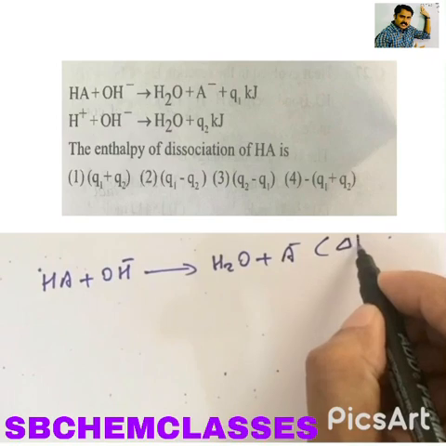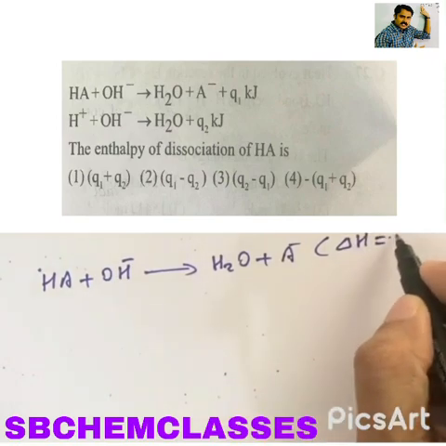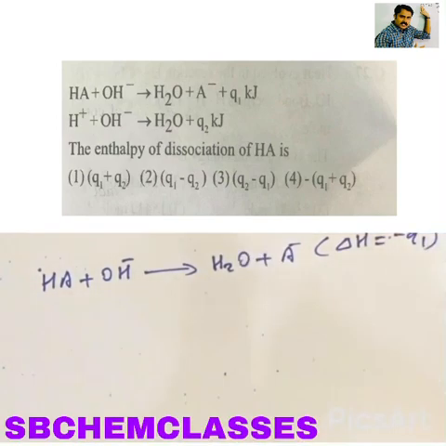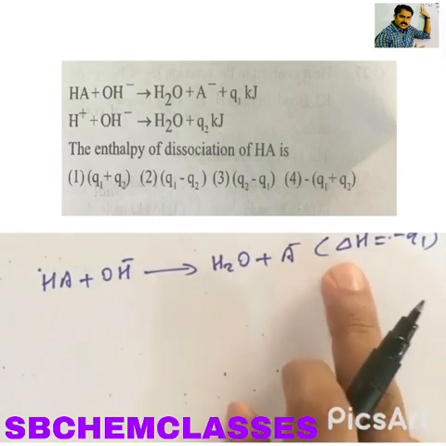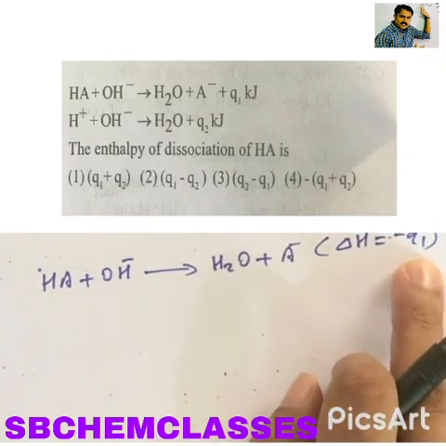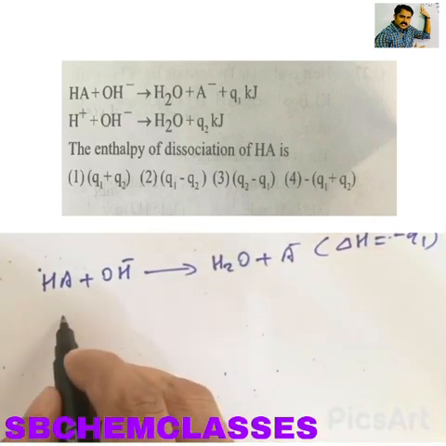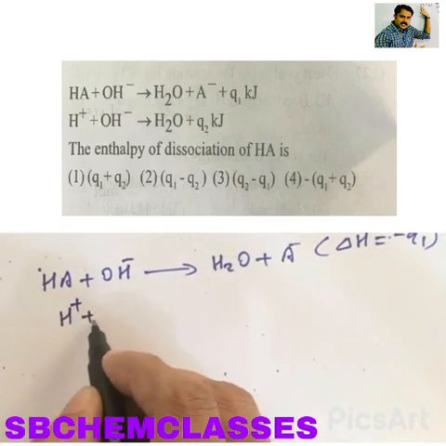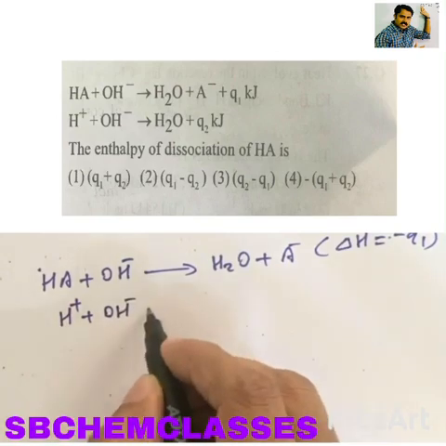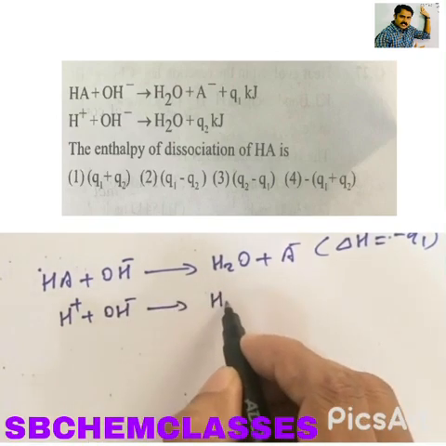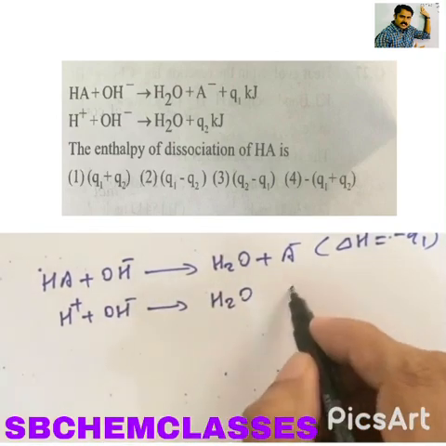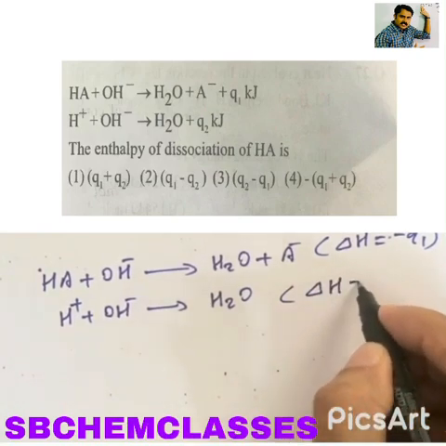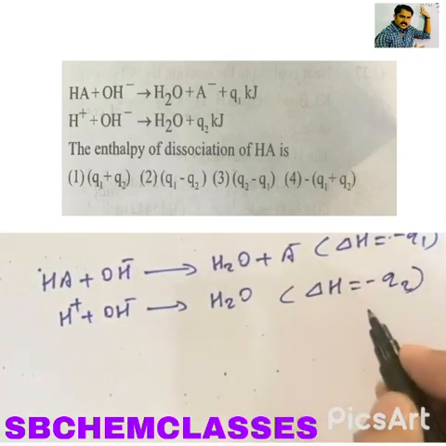This enthalpy change will be minus Q1. Plus Q1 means heat is liberated, so by writing enthalpy change, I should give a negative sign. Another reaction, H plus OH minus becomes H2O plus Q2, so the enthalpy change is minus Q2.